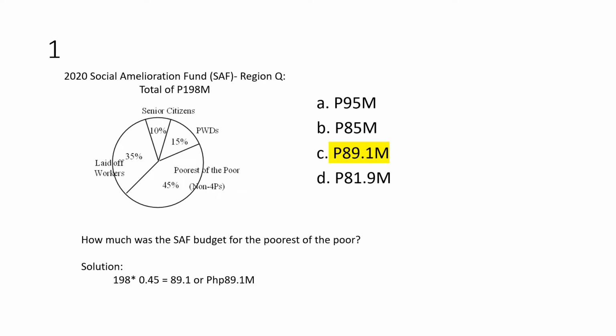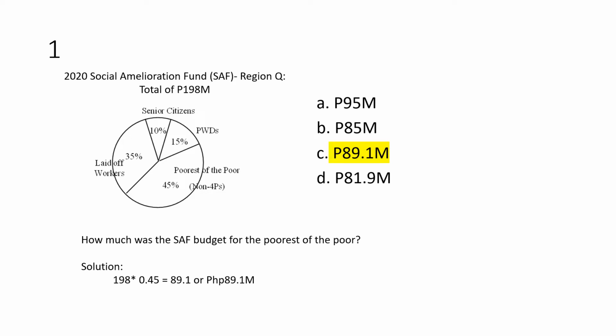For number 1, we are given the distribution where we have the allotment for senior citizens, PWDs, the poorest of the poor, and laid-off workers.